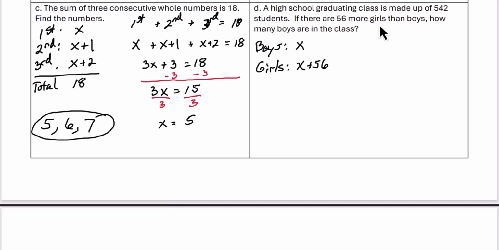We know that there is a total of 542 students. Now setting up the equation, we have boys plus girls equals the total 542. The boys we are labeling as x. The girls we are labeling as x plus 56.